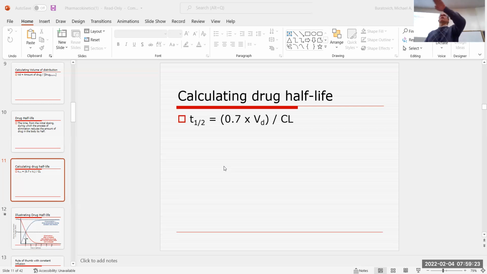After you take it, the drug will peak. The time it takes to reduce that peak to half in the circulation, that's the half-life. Some drugs have very long half-lives. Others have really short half-lives.